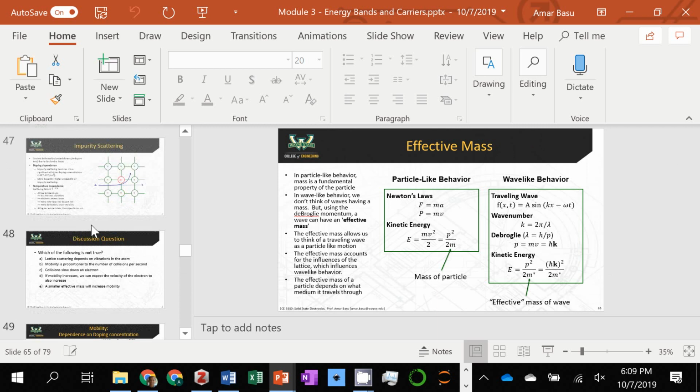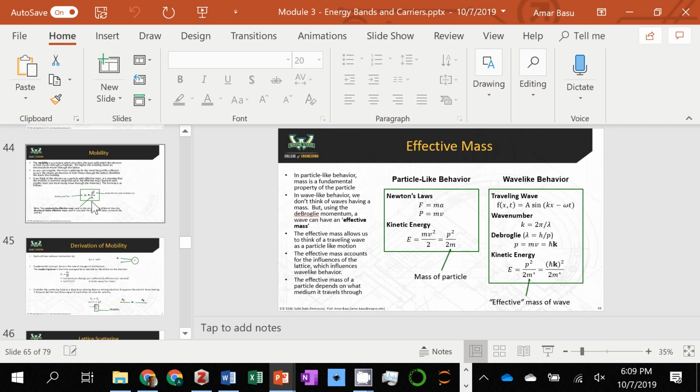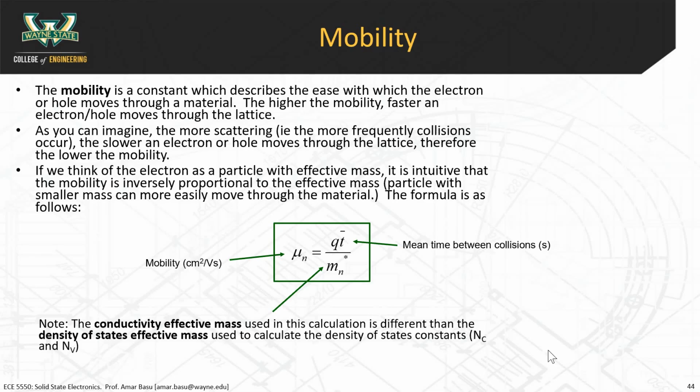When we looked at the mobility, I'll give you two pieces of where we used effective mass. When we talked about mobility earlier in this chapter, slide 44, we said that mobility is equal to the charge times the mean time between collisions divided by the effective mass of the electron. And I said we'll talk about effective mass later.